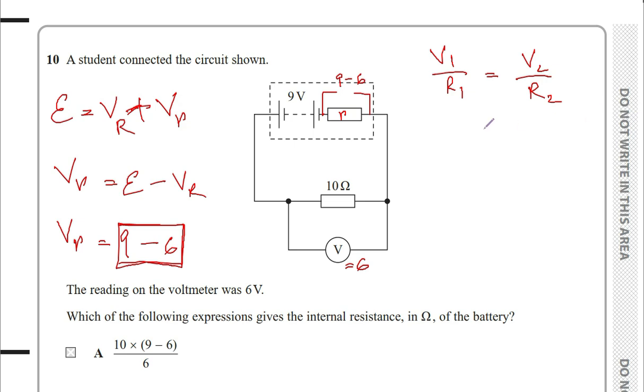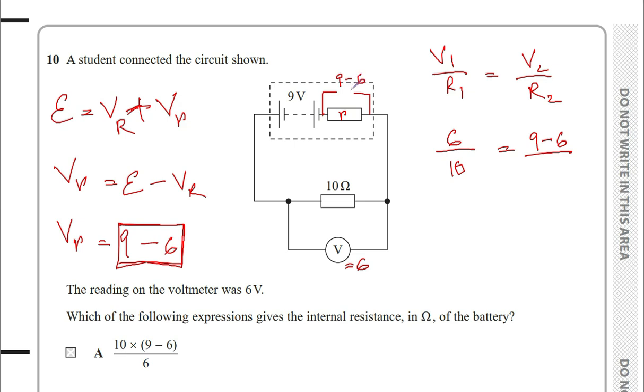This is a variant of the previous equation that we had seen in the previous question. So V1, let's consider V1 to be 6, and the resistance that corresponds to V1 is 10, right? Equals V2 should be this 9 minus 6 divided by R2, the resistance that corresponds to 9 minus 6.